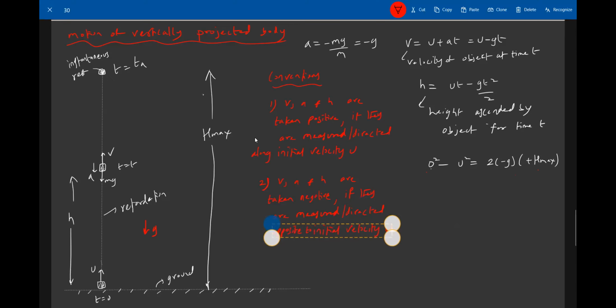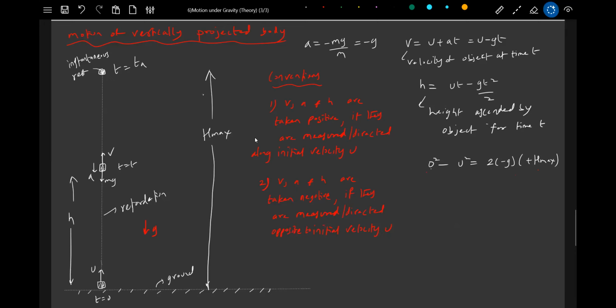Let me put it in proper place. This is a very fundamental thing which we will be taking help of in our discussion. I'll correct the spelling of initial velocity.